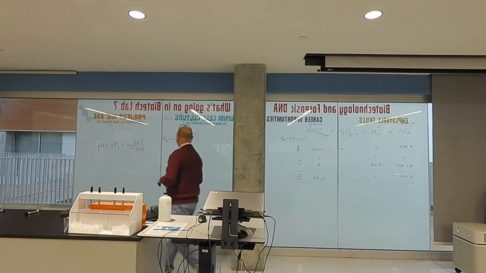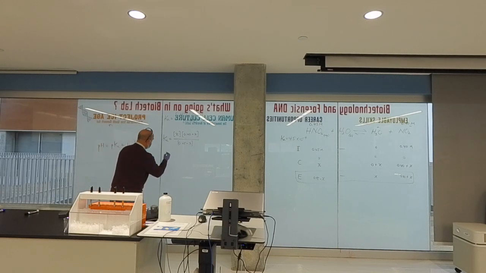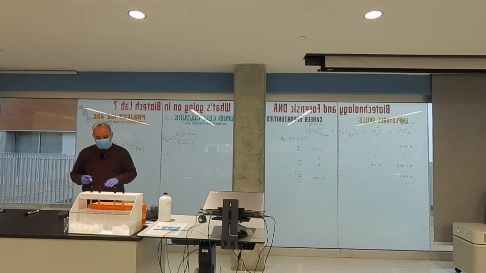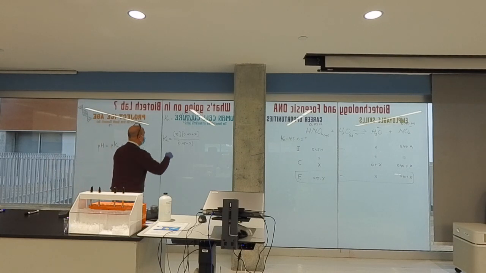At equilibrium. So here comes the leap of faith. You need to make this assumption click. Under these concentrations that we're dealing, the value of X, whatever that ends up being, is going to be many times smaller than the concentration of the HNO2.